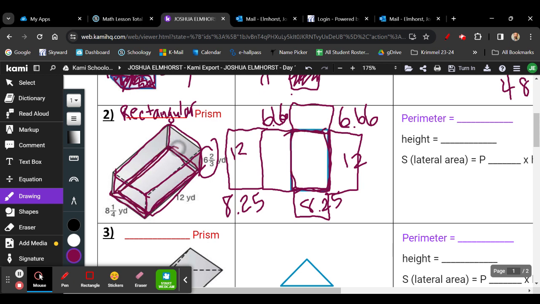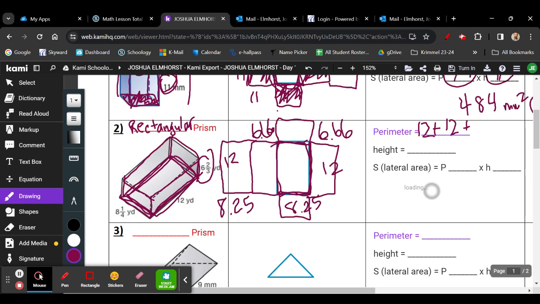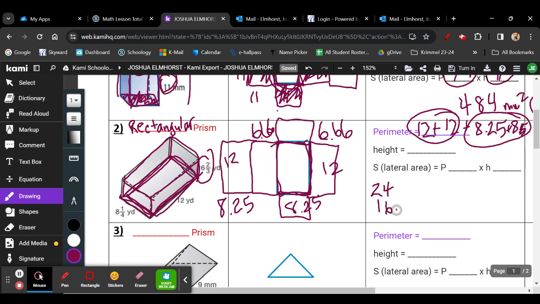So all the way around the bottom, so it's going to be 12 plus 12 plus 8.25 plus 8.25. 12 and 12 is 24. 8 1/4 plus 8 1/4 is going to be 16 1/2. So that's going to give us 30 and then 40 1/2. So the perimeter is 40.5.